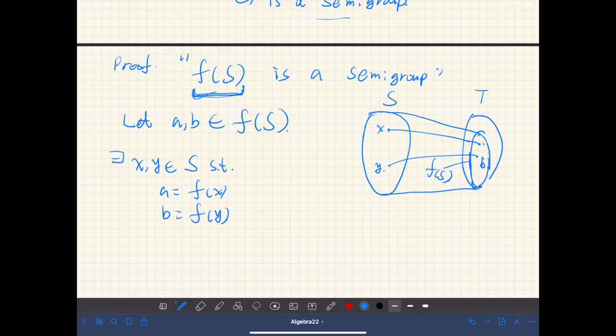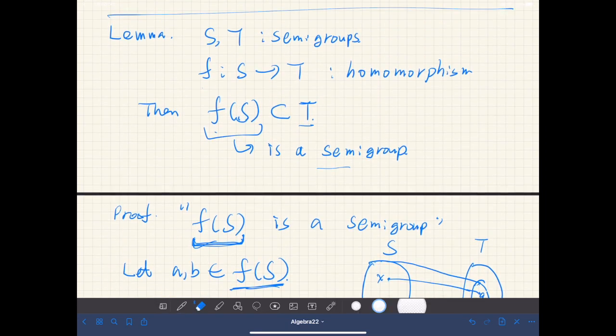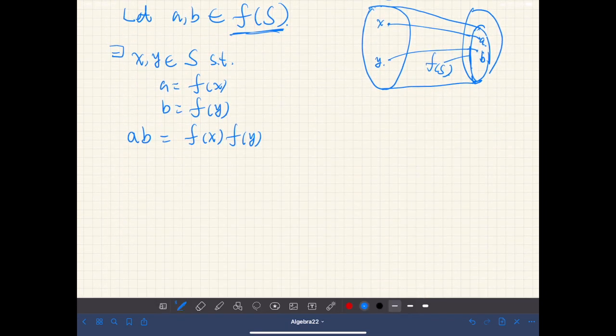B and let's see A. So to see this set is closed under multiplication, let's take the product between A and B. Then that is F of X times F of Y, but F is a homomorphism, so the product is conserved.